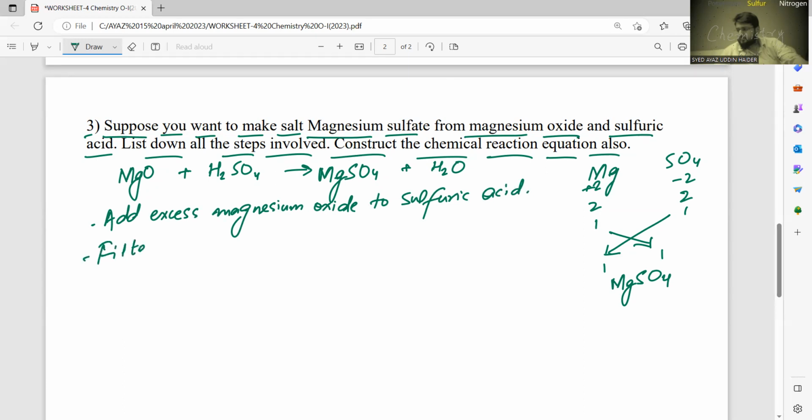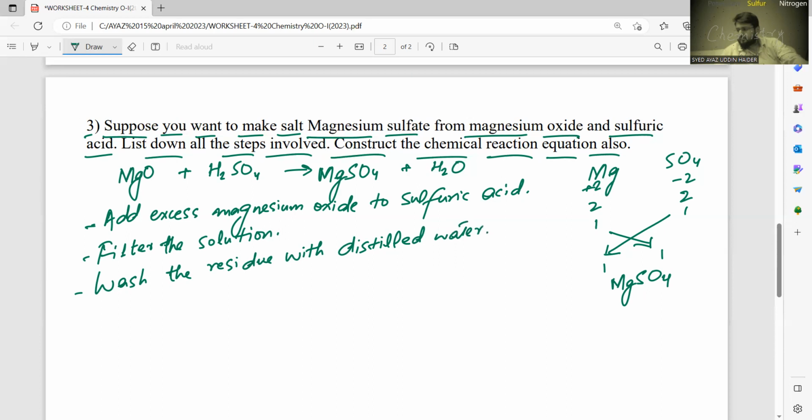Filter the solution. Wash the residue with distilled water. Next step. Now we have the filtrate. Evaporate the filtrate.